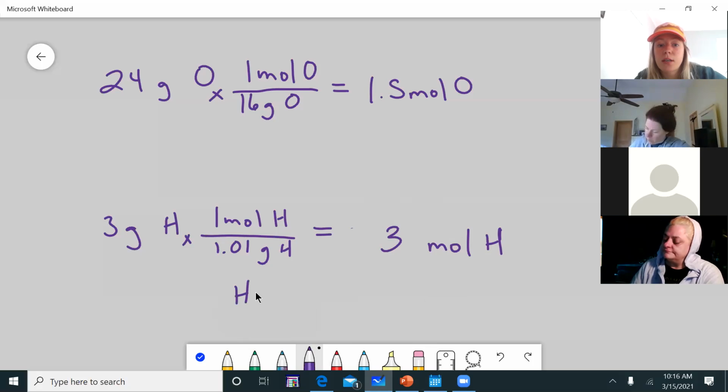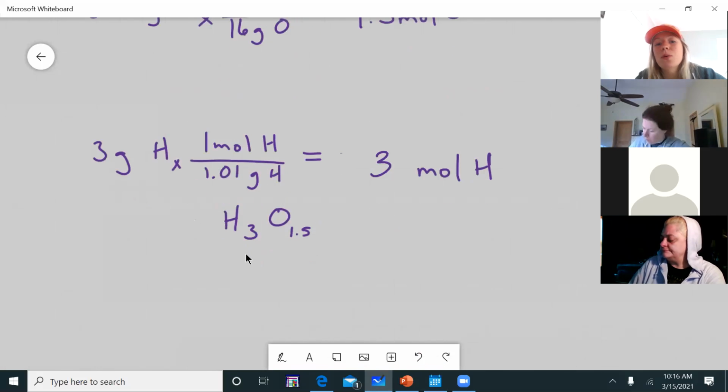So hydrogen gets a 3, oxygen gets a 1.5. That's our pseudo formula. Now, why don't we like this? What is wrong? Not wrong, but like what isn't working here for us? It's the fact that we have a decimal, right? We don't like to have half atoms. So we have the correct ratio. We just haven't gotten it to a whole number.